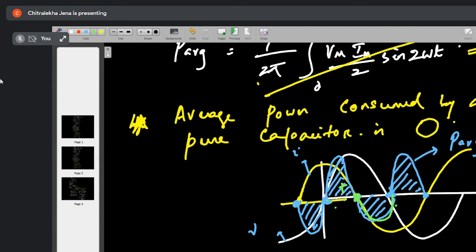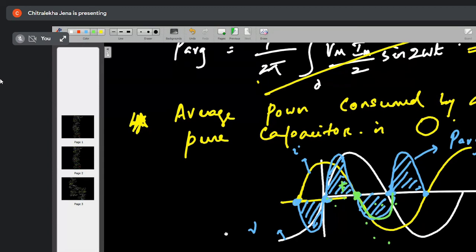So here you see positive means the power is flowing from source to load. Second case, negative means the power is flowing back from the load, from the capacitor, to the source. That means it is not at all consuming the power. It is keeping it, then in the next quarter cycle it is again supplying back. Understood? All of you? Got it?